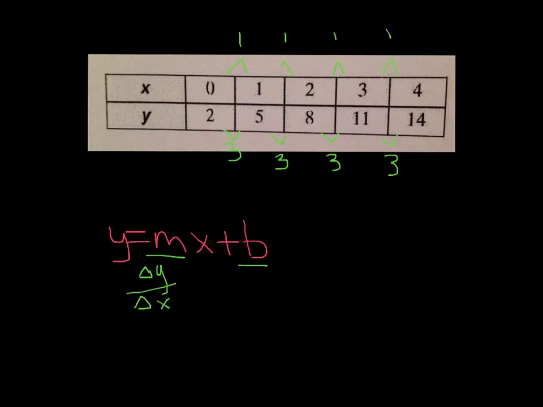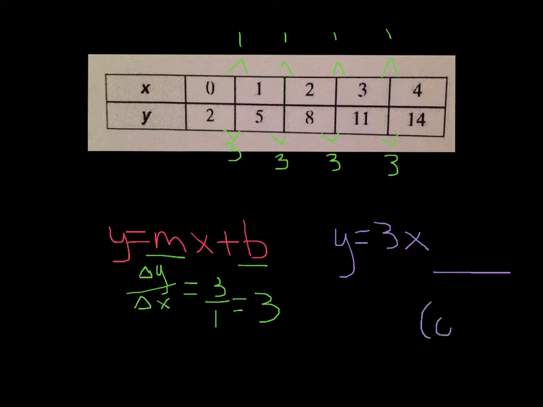So the change in y divided by the change in x is equal to 3 divided by 1, which is 3. So my slope is 3, so y equals 3x is the start of my equation, but I need to find the y-intercept. If you remember, the y-intercept is always the y value that matches up when x is 0.